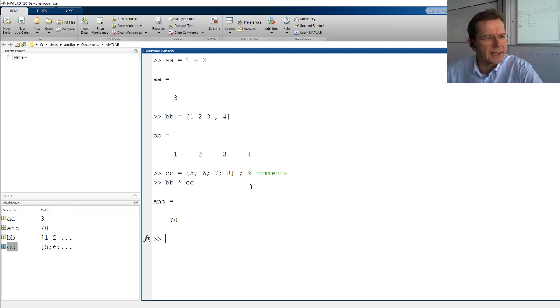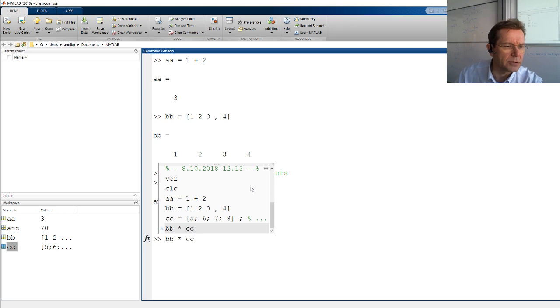Does this make sense? Yes, a row vector times column vector gives you a scalar value. It multiplies element by element, so the first element of the row multiplies the first element of the column, and second to second, and so on, and then the sum of that. Okay, and the answer is 70.